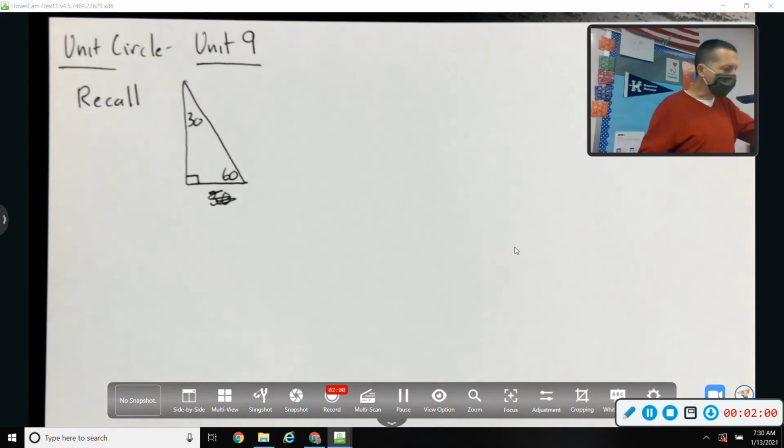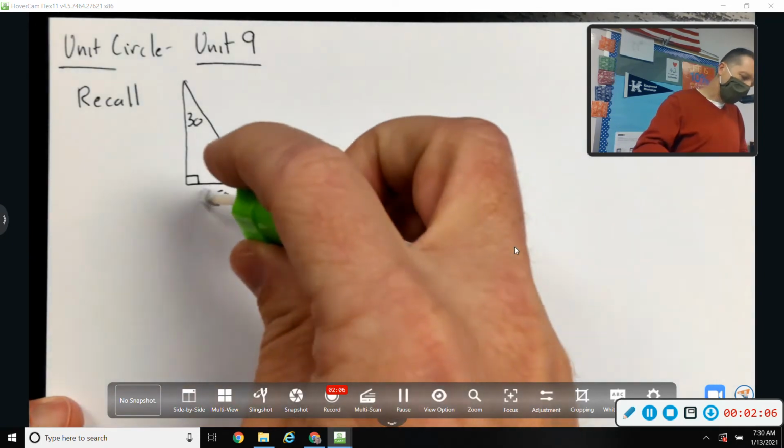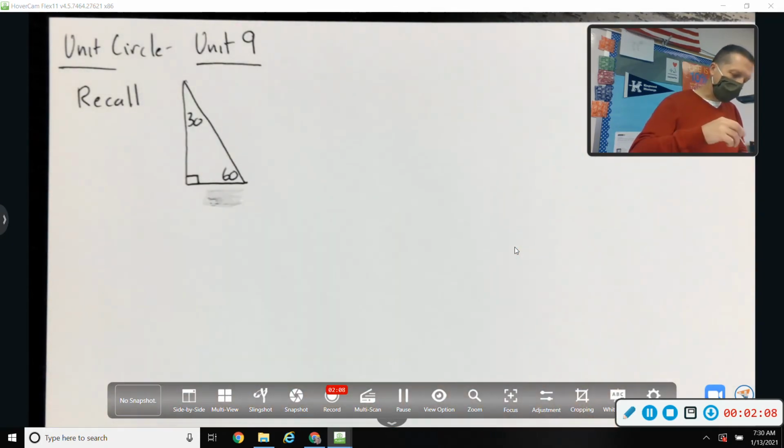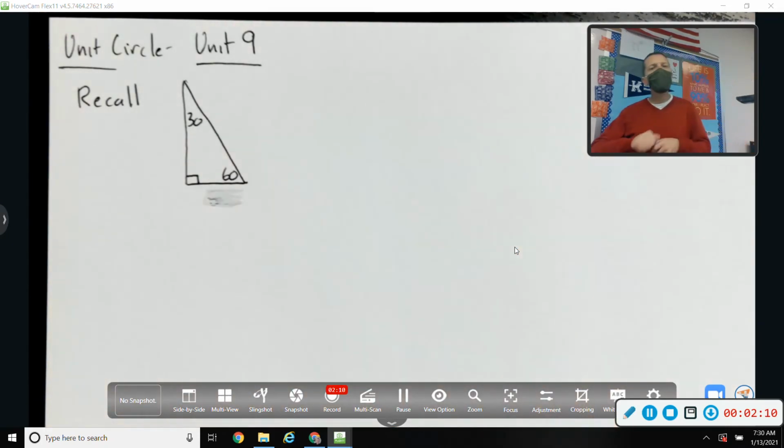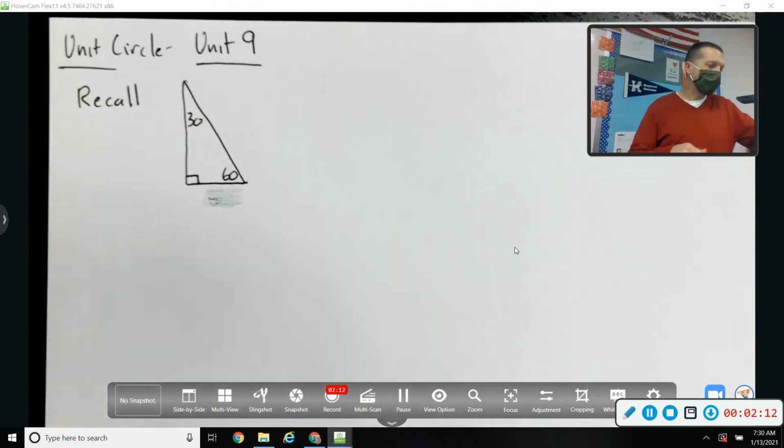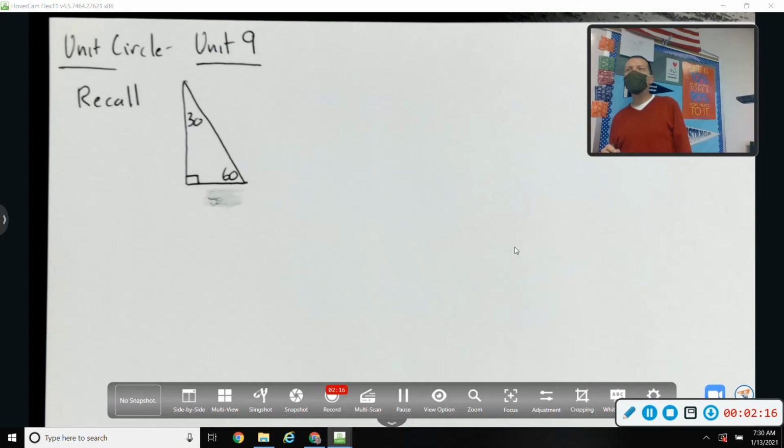Where we have a 30, 60, 90 right triangle. And there's a pattern that goes with the sides of a 30, 60, 90 right triangle. Does anybody remember what the pattern is? It's been a long time.